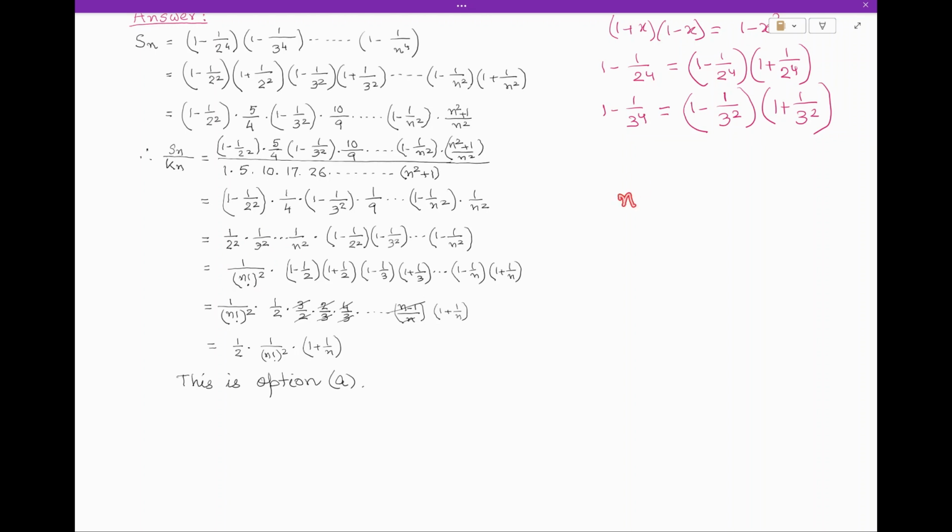Factorial n is equal to 1 multiplied by 2 multiplied by 3, like this it will go on until n. So, 1 by factorial n is equal to 1 by 1 multiplied by 2 multiplied by 3 multiplied by 4, like this it will go up to n.